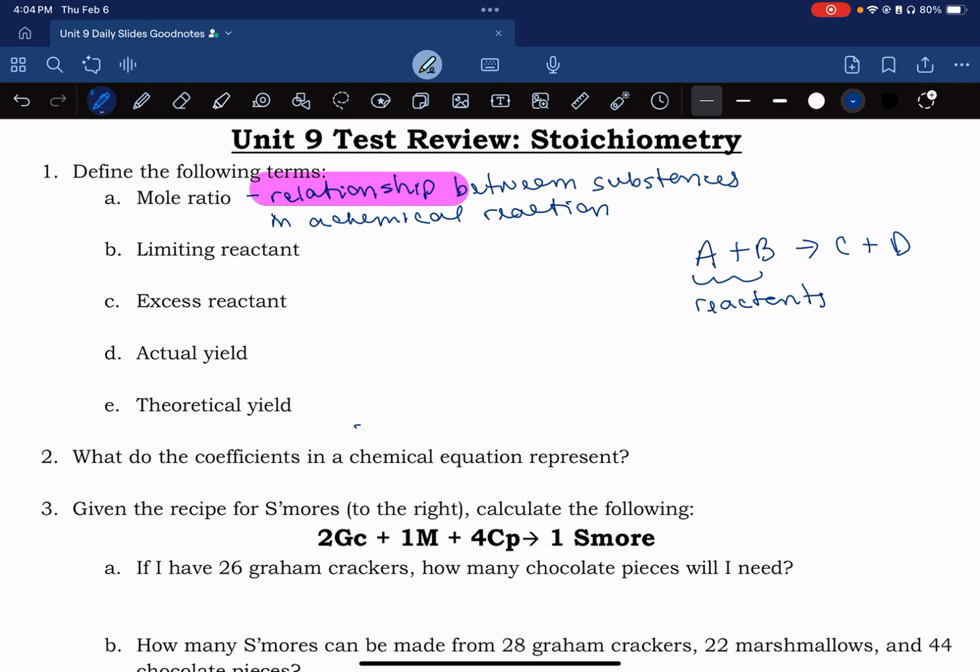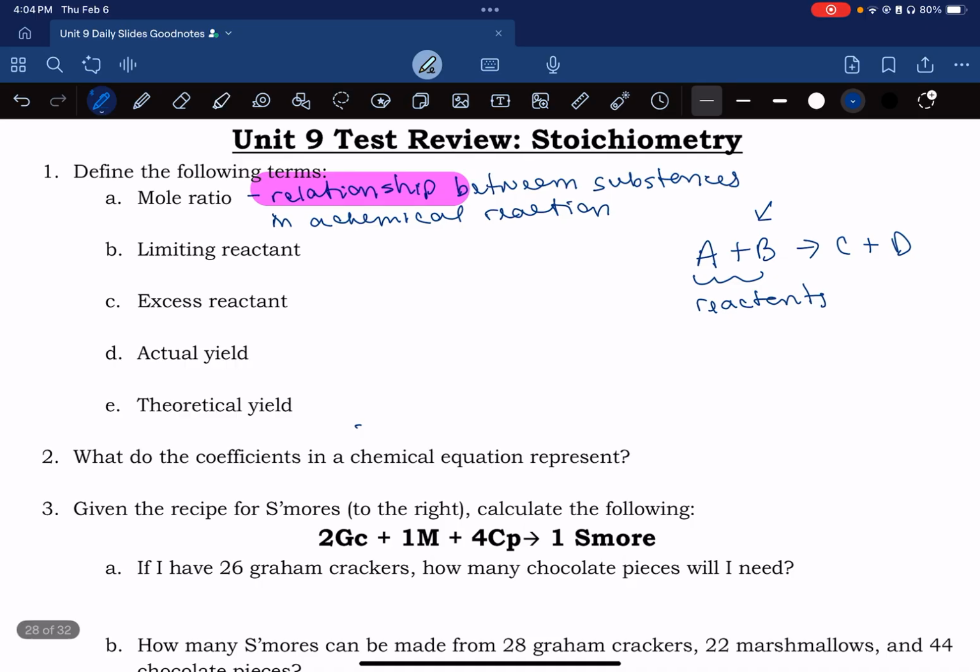These are our ingredients, A and B. And some of those ingredients are going to be in excess, meaning that even after we make our recipe, we're going to have some leftover. So the key word that you want to think about when you're thinking about excess reactant is leftover.